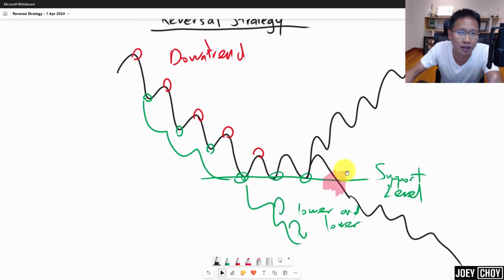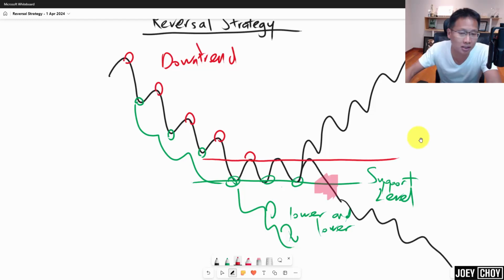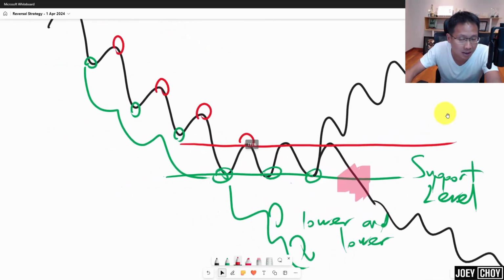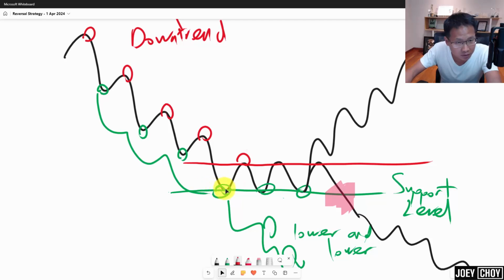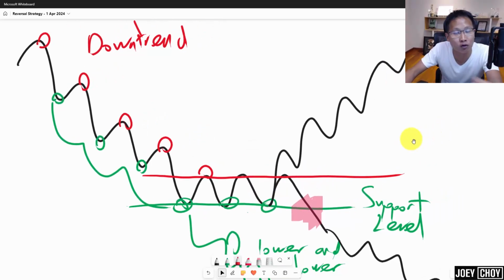But how do we know if it is starting to get higher, whereby the reversal is happening? Well, that is if we were to break a key resistance level. As it consolidates and finds a bottom, you can see right over here, it moves down, up, down, up, down, up. So we found a bottom, but the key for a reversal to happen is that we want to break a key resistance level.